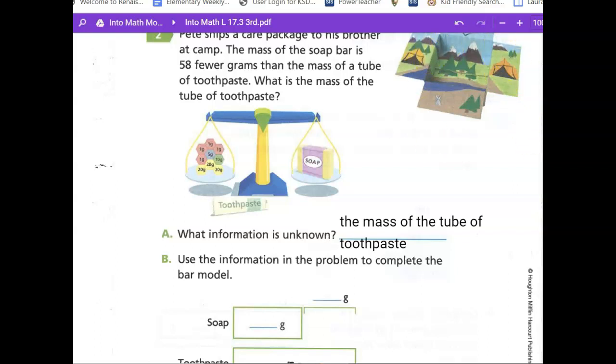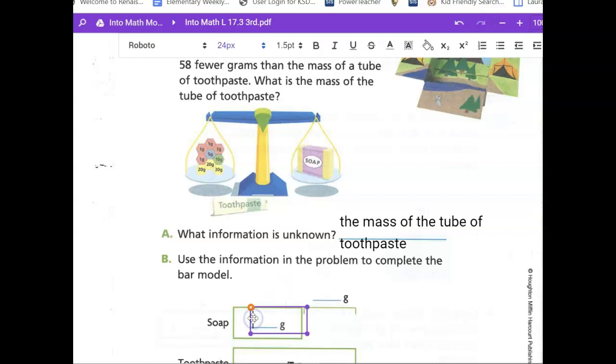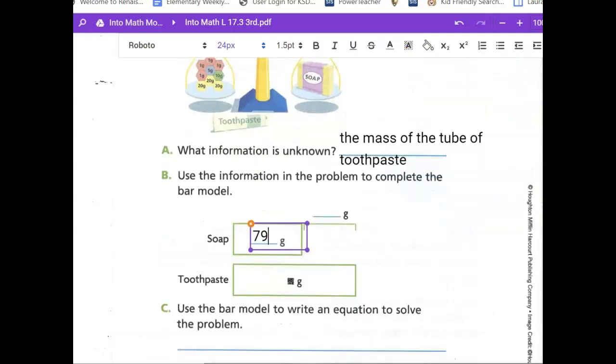So you can see that they weighed the soap, and if you count the weights, there's 20, 40, 60, 80, 85, 86, 87, 88. 20, 40, 60, 70, 75, 76, 77, 78, 79. So that's going to go in here for the soap. And we know that the soap is 58 grams less than the toothpaste.